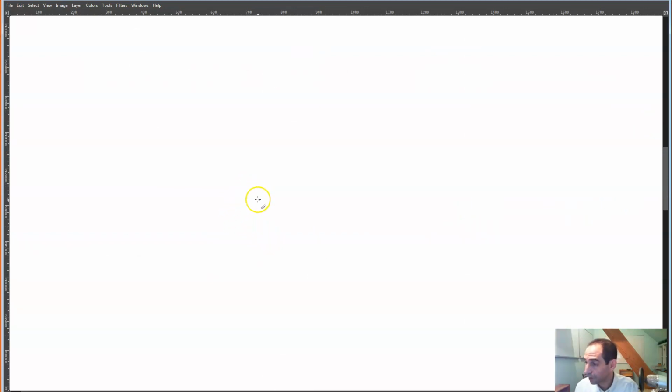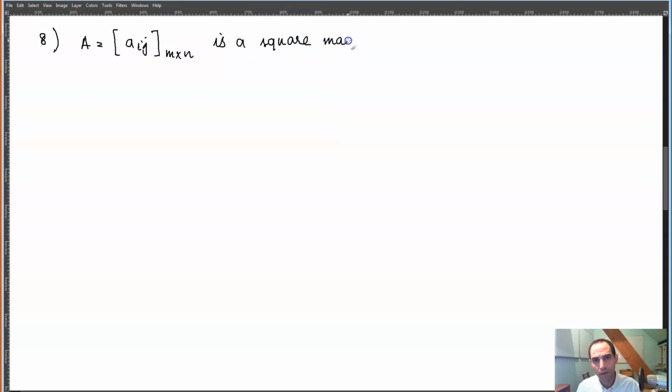Number 8, we have A as a matrix, A equal to A of ij, of the order m by n, is a square matrix if... choice A, m is less than n.